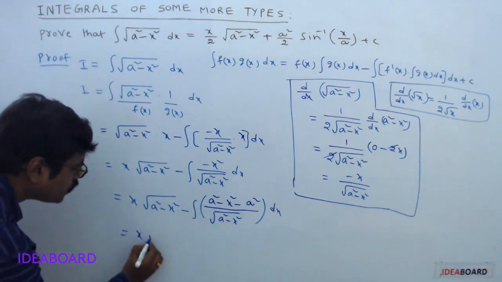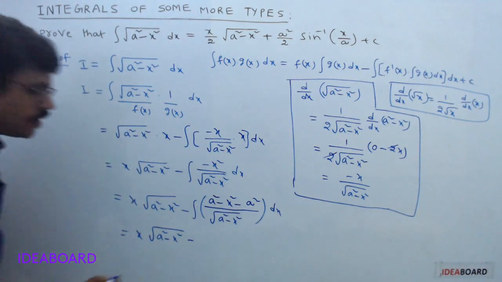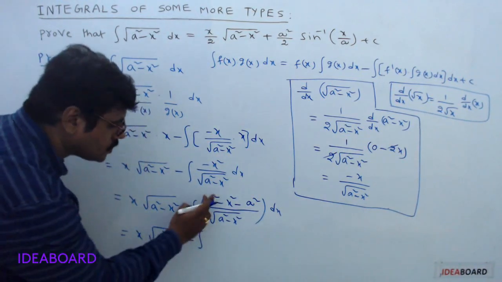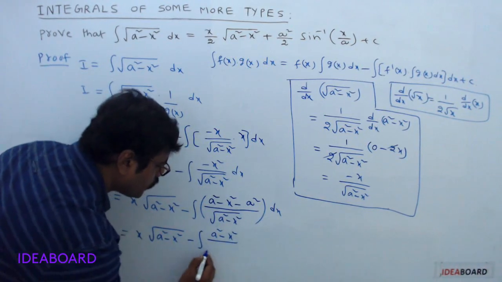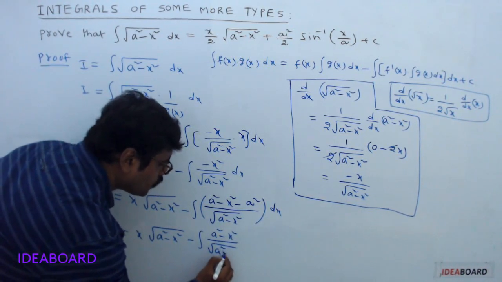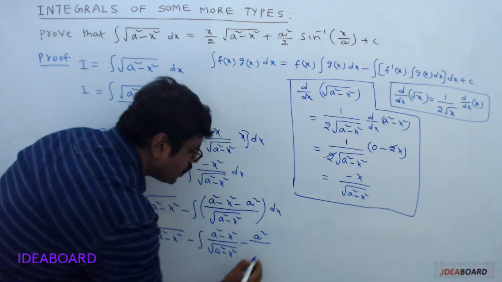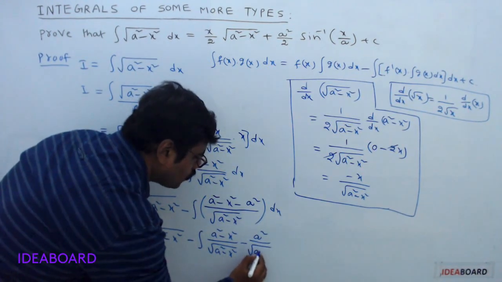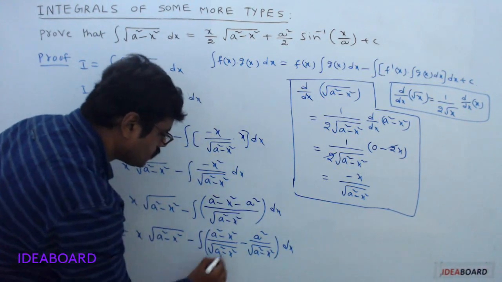Now this is x into root of a square minus x square minus integral, separate the terms, a square minus x square divided by square root of a square minus x square minus a square divided by root of a square minus x square into dx.